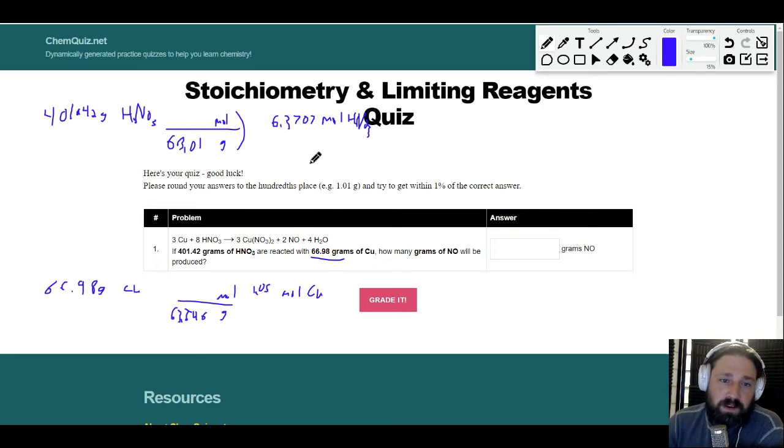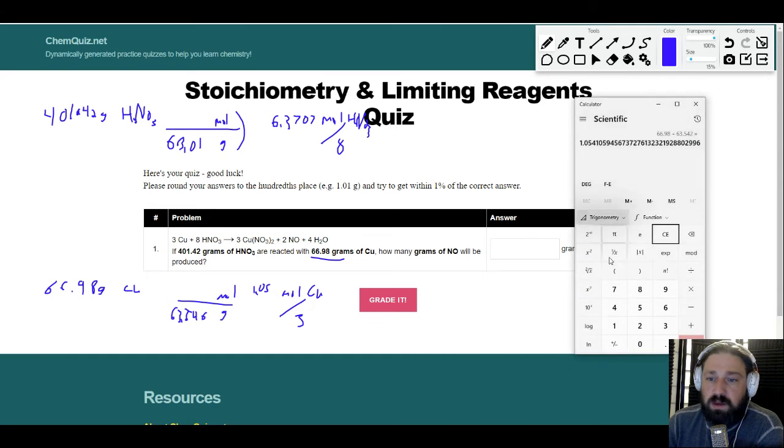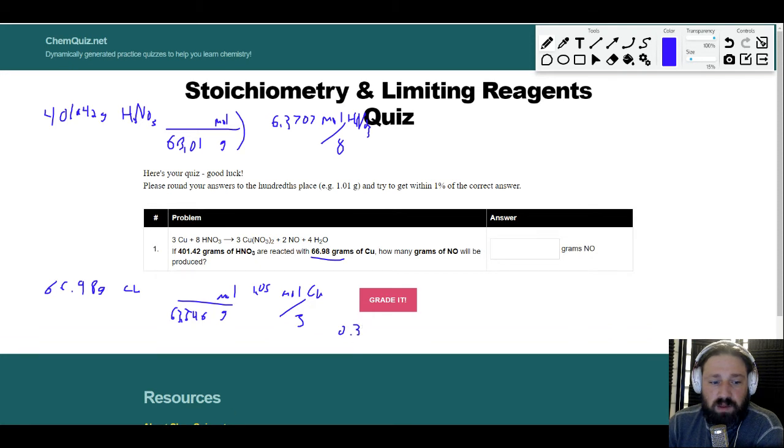The way we figure that out with these type of problems is we just divide by our coefficients. Divide by 8 and divide by 3. So I can take this, divide by 3, and that gets us 0.351.